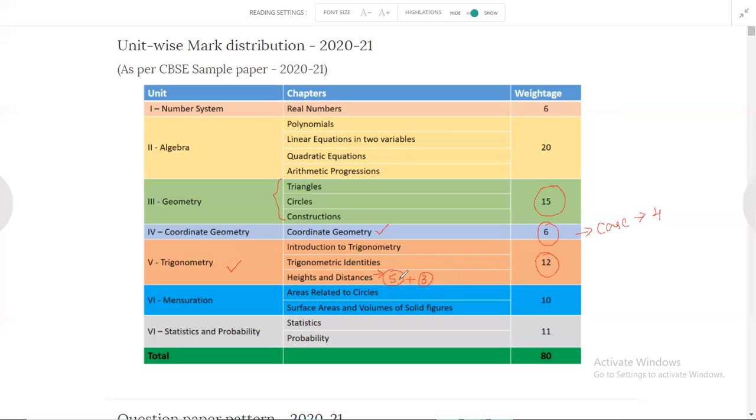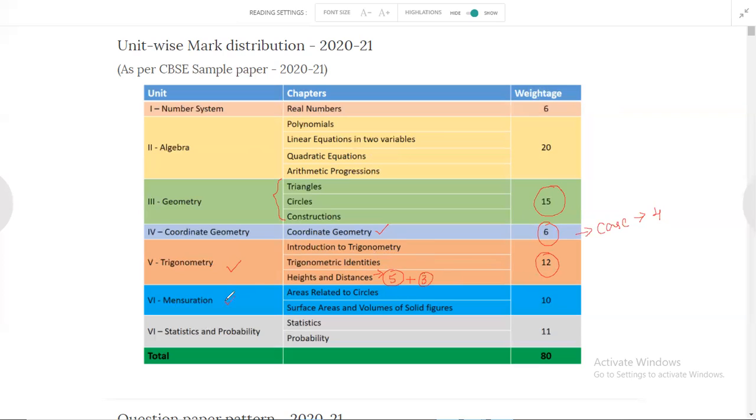The remaining 4 marks will be one question from trigonometric ratios and one from trigonometric identities.